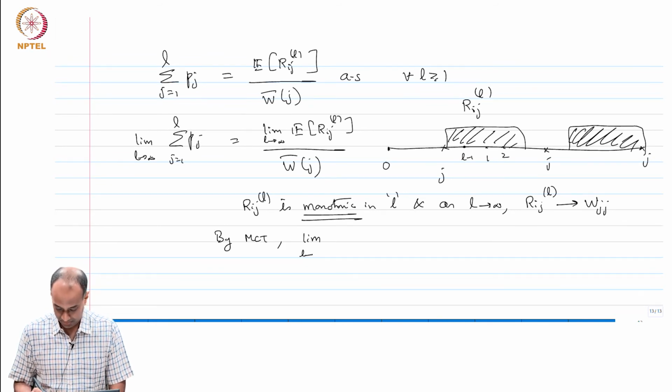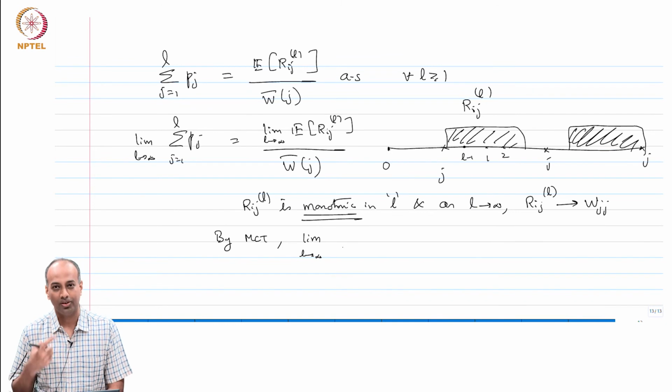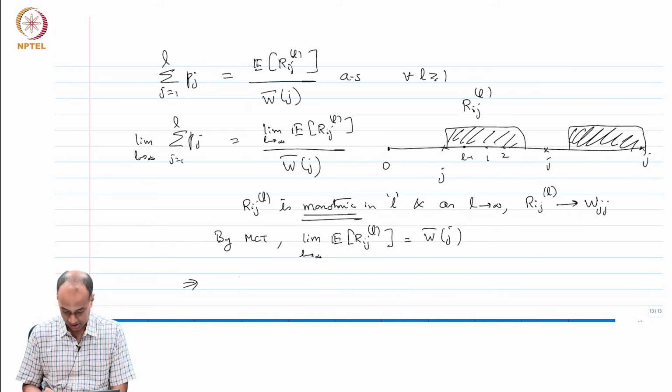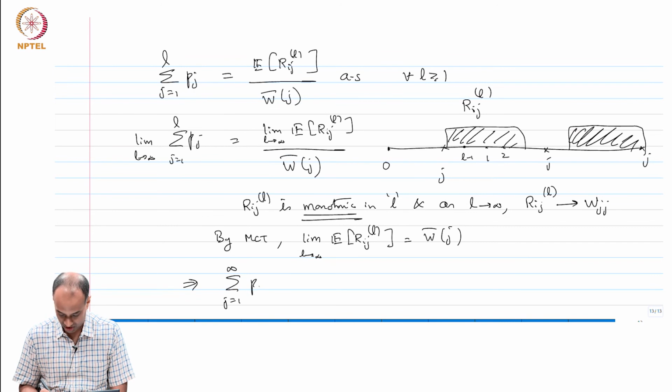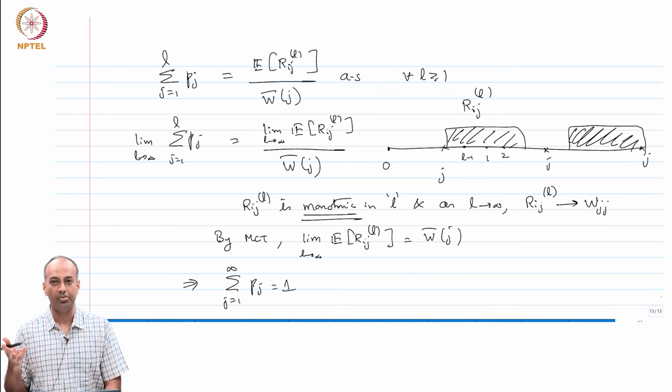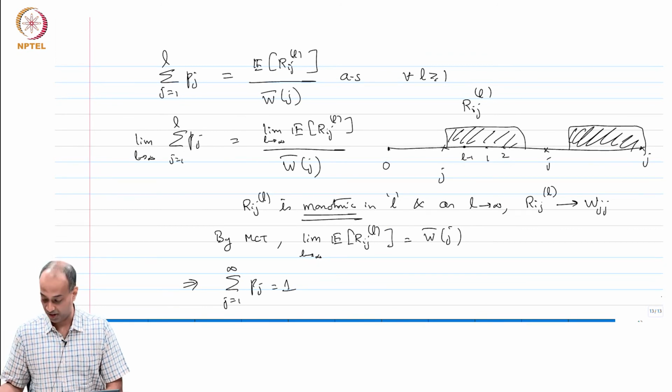Monotone convergence theorem. So, this is the technical step, okay. What is intuitively reasonable is taken care of by the famous monotone convergence theorem, and therefore this is W bar of j. This implies the sum over j equals 1 to infinity of Pj equals 1, where Pj is the time average fraction of time spent in state j, right.